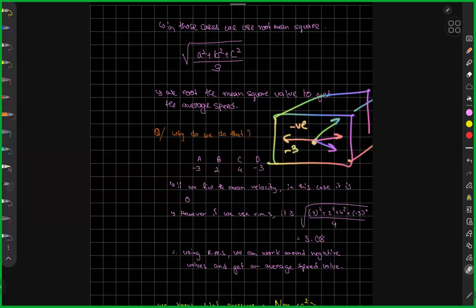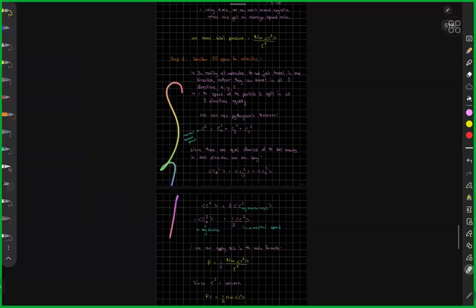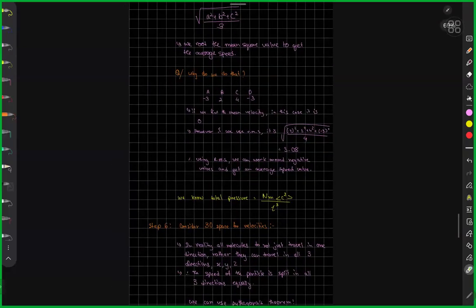Sir, when we use the speeds when finding the mean square, do they all have to be in the same axis? Okay, so that conversation of different axes comes over here. So we do consider what you're saying. That is why you will see the 1/3 constant in front of the formula.